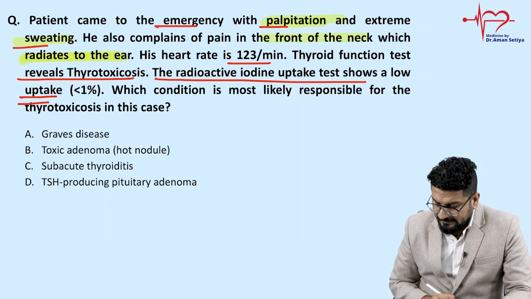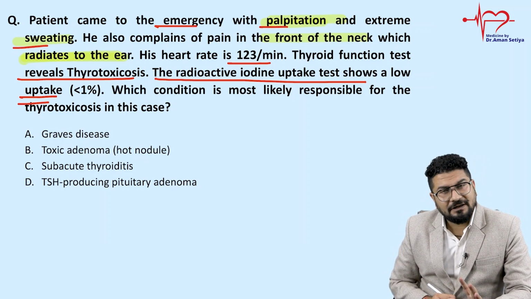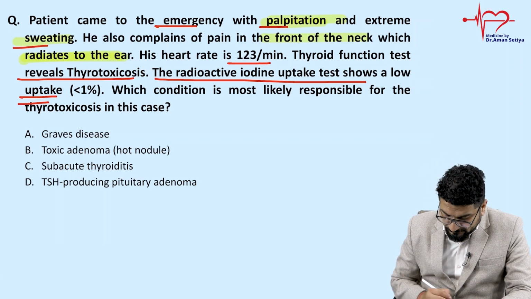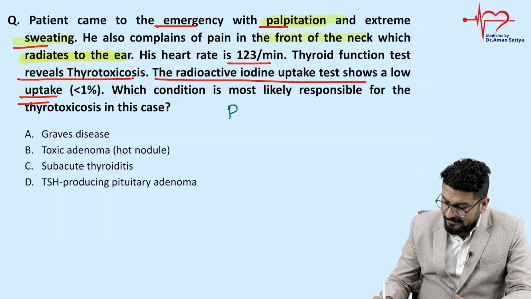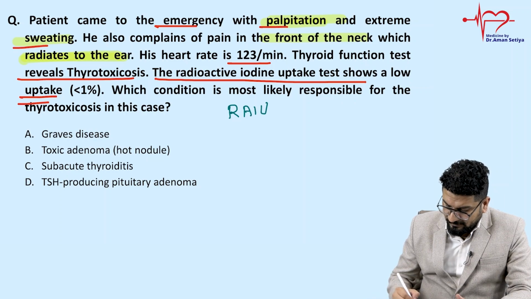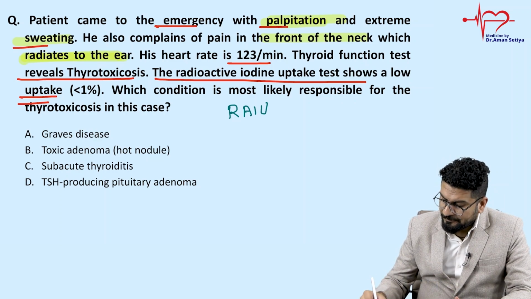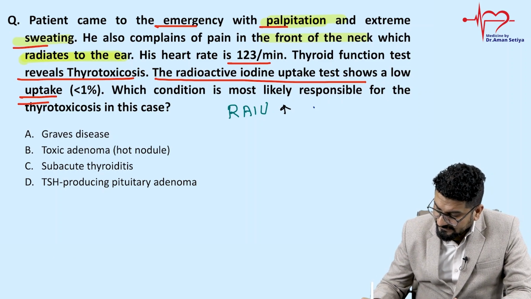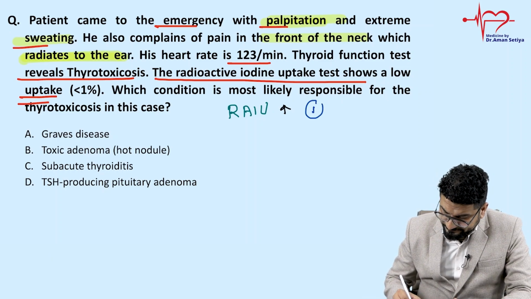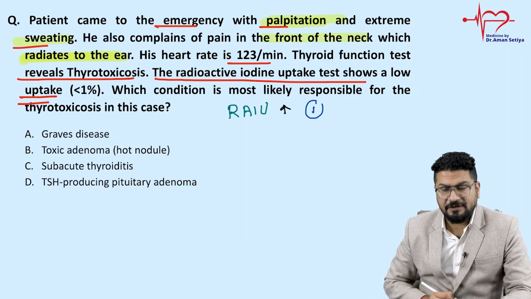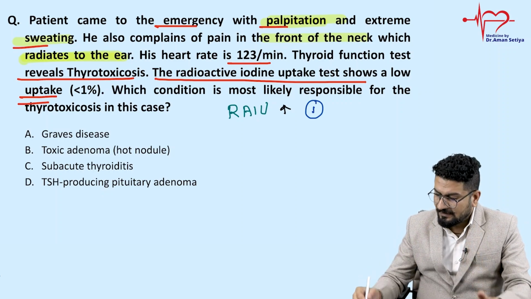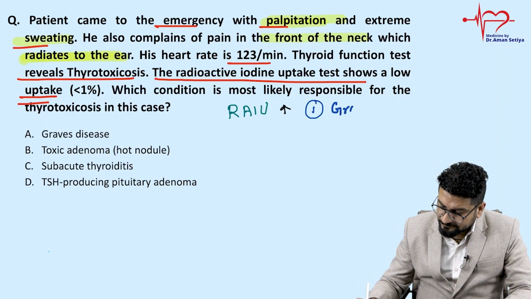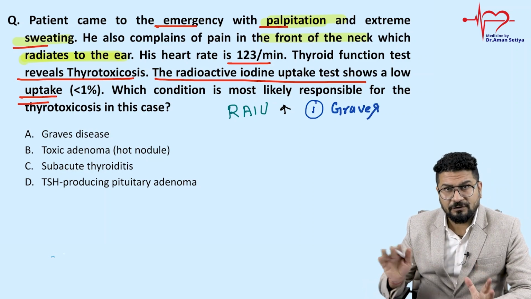Now, try to understand this. The question is a little difficult, so just try to understand it. The hint is radioactive iodine uptake. We call this RAIU. This uptake is increased whenever your gland is working more. So what are the conditions where your gland is working more? It can be equally increased in both glands in Graves disease.